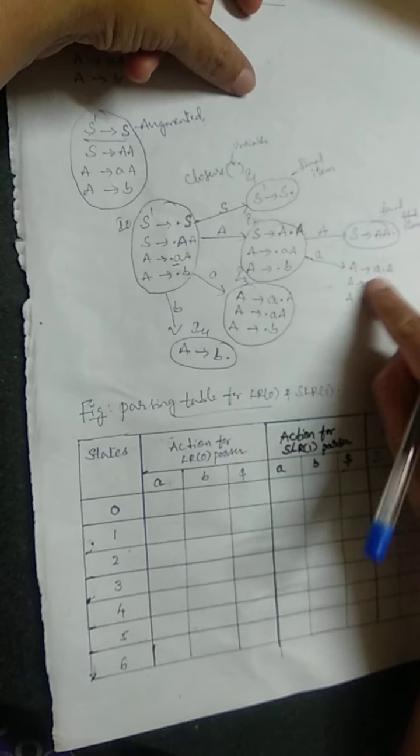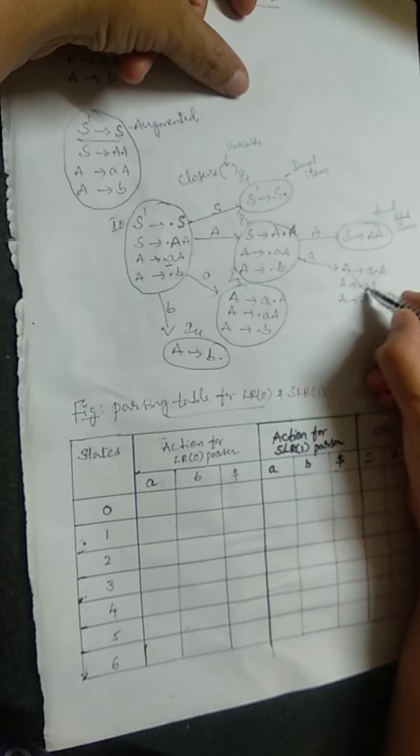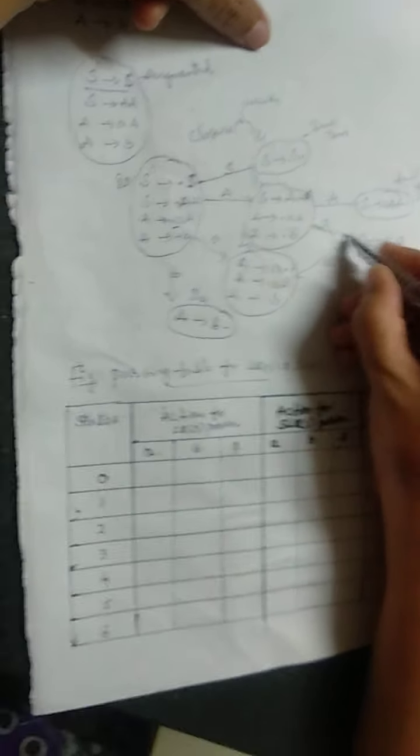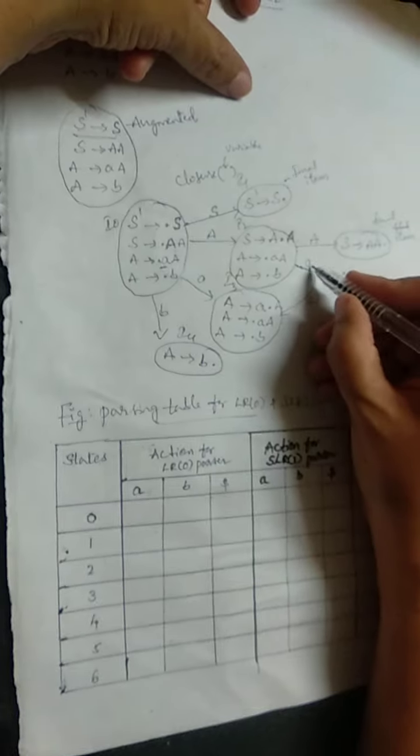These state items are same as in I3. So instead of taking one more new state, we can give this transition to the state I3.